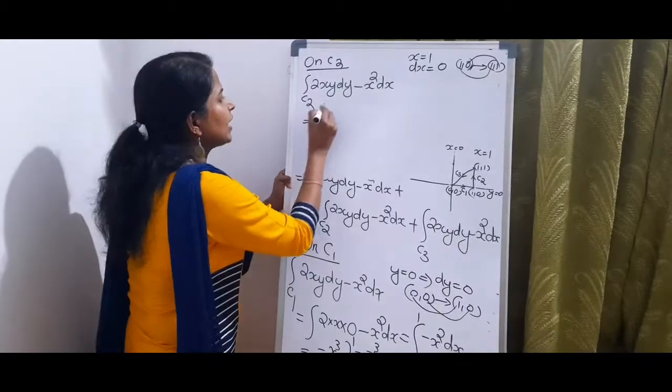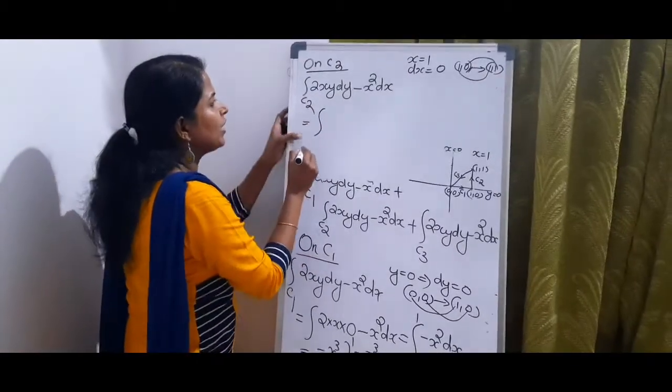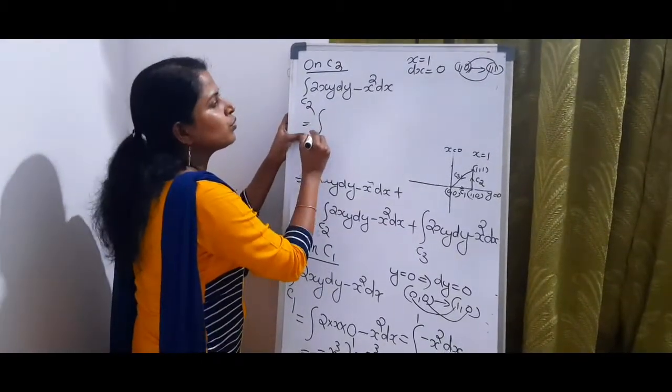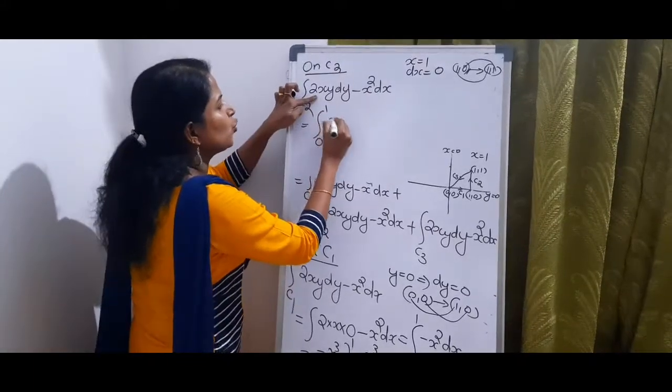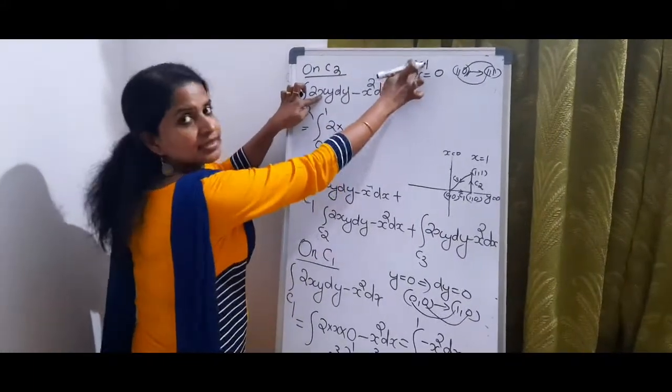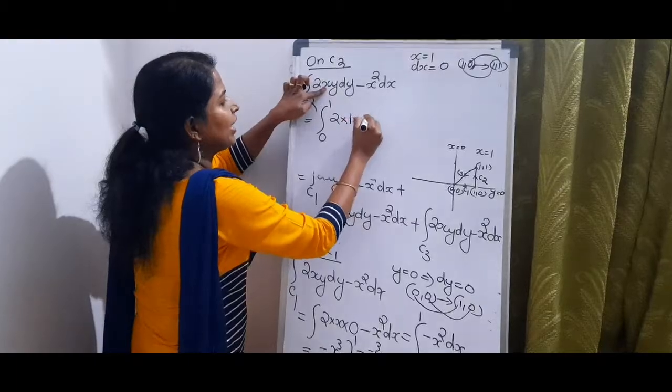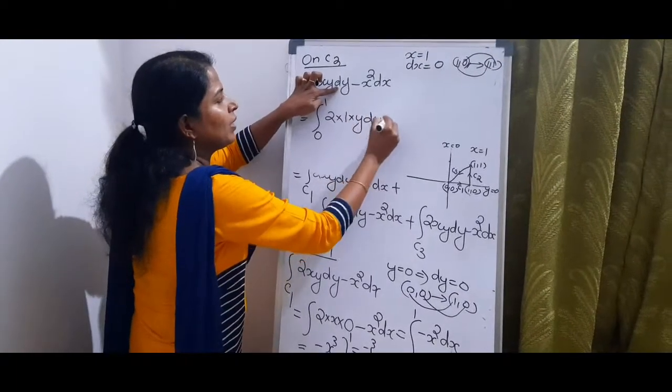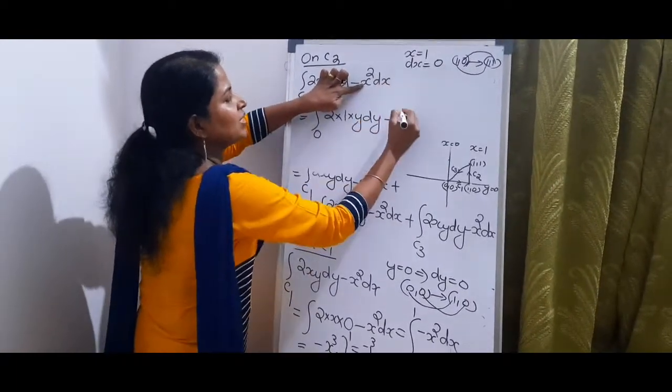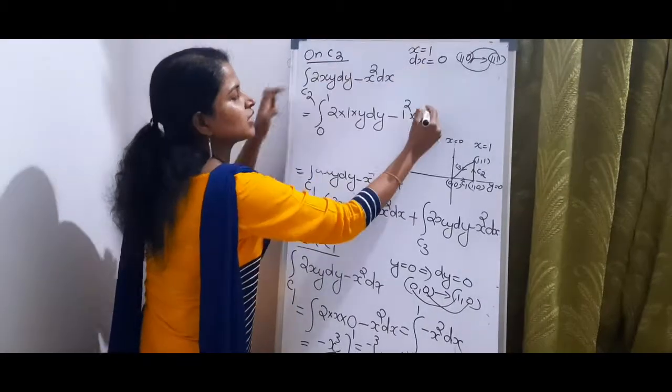That is the integral with limit of y from 0 to 1 of 2 into x, which is 1, y dy minus x square, which is 1 square into dx, which is 0.